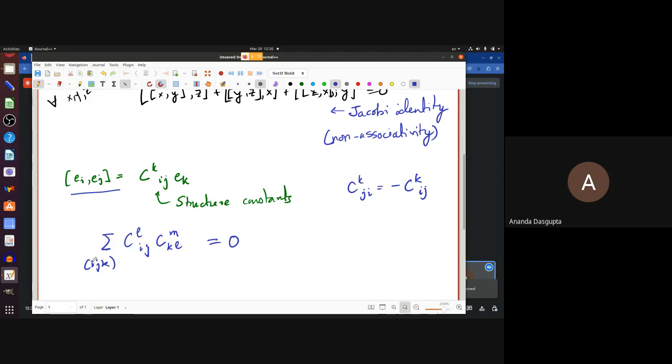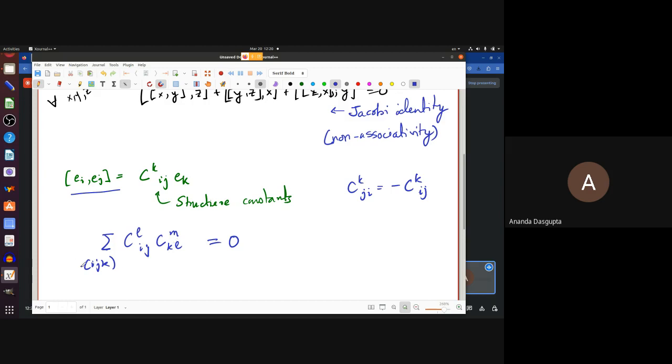When I write a sigma with some indices, three indices in particular in a round bracket, I mean that this is really a sum of three terms in which IJK, JKI, and KIJ come in that order. And it's a sum of these three terms. So you permute I, J, and K cyclically. That's what this notation means.